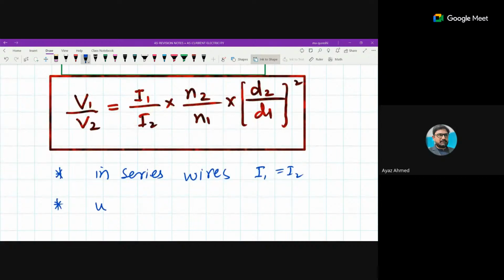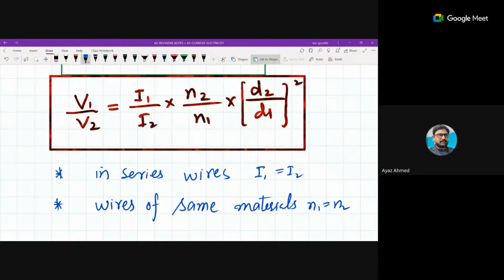Wires of the same material, these are all exam tricks. Wires of the same material, n1 is equal to n2, so cut that. Is it all clear to you?